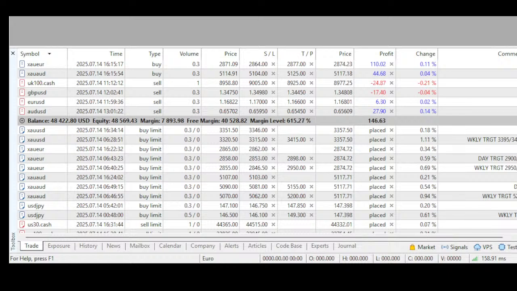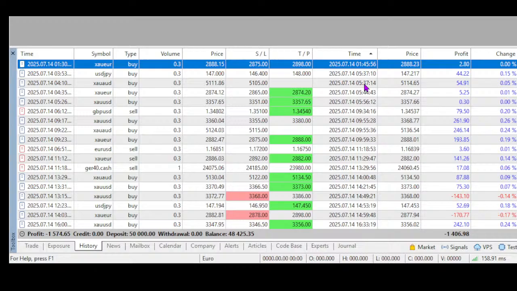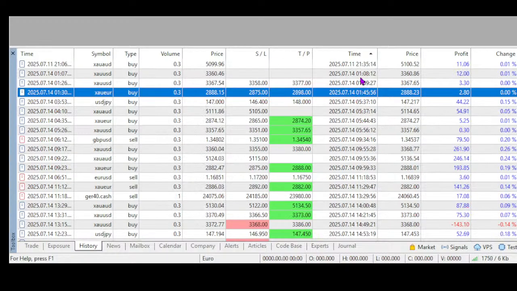So for those of you who have joined, I think today was a good day. In fact, we had more than 20 trades: 3, 6, 9, 12, 15, 18, yeah, 18 plus 2, 20.